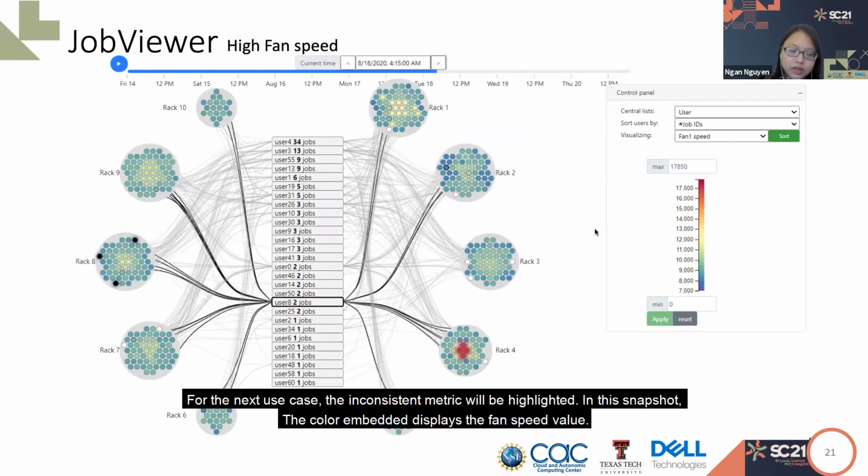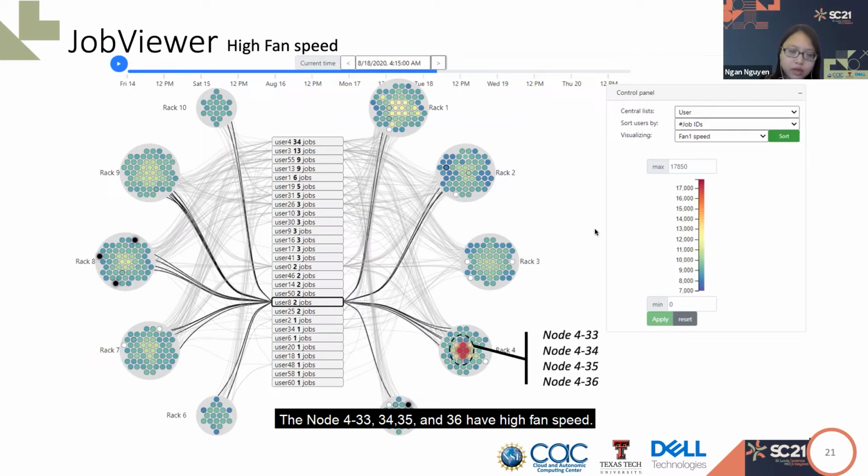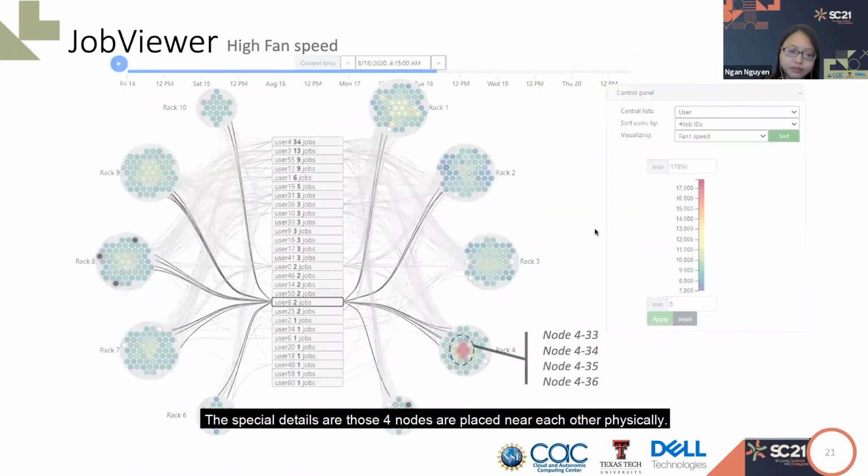For the next use case, the inconsistent metric will be highlighted. In this snapshot, the color displays the fan speed value. Nodes 433, 434, 435, and 436 have the highest fan speed. The special detail here is that those four nodes are placed near each other physically.